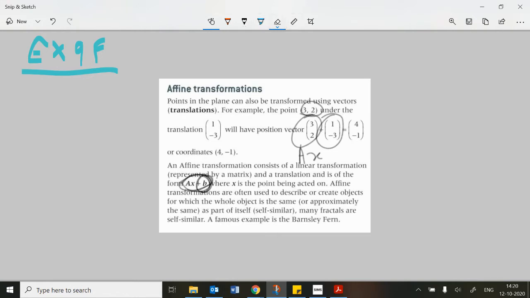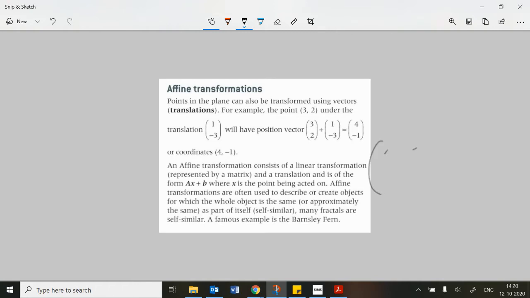One thing to note is that this matrix A, which we're applying to X, gives us some sort of matrix applied to our particular coordinate point, and then we're adding on some vector translation at the end. So it's a little bit like y = mx + c. Now, this matrix is not necessarily a single stretch, rotation or reflection. It might be a combination of those things.